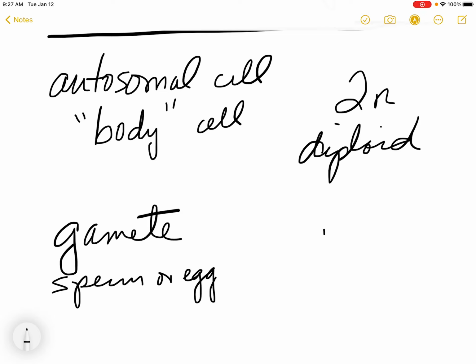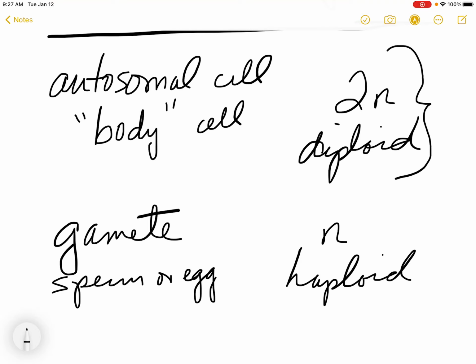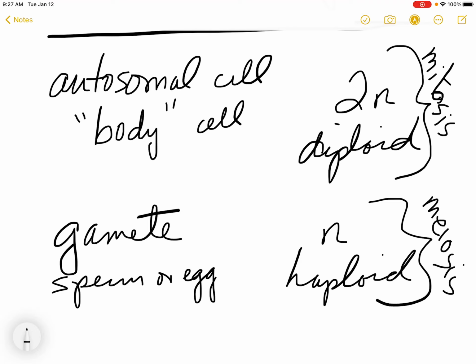And the sperm or the egg typically has the n number, or the haploid number. You'll also recall that the autosomal cells reproduce by the process of mitosis, whereas gametes are formed in the process of meiosis, so we know that.